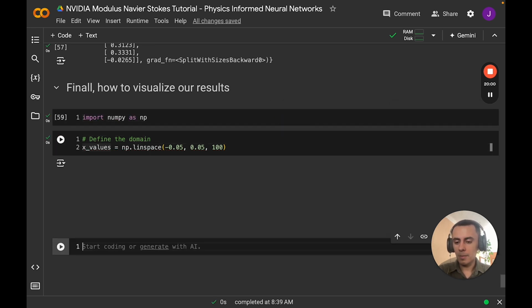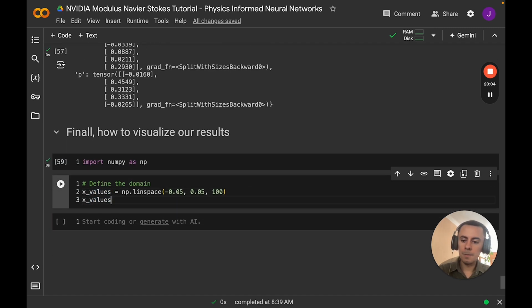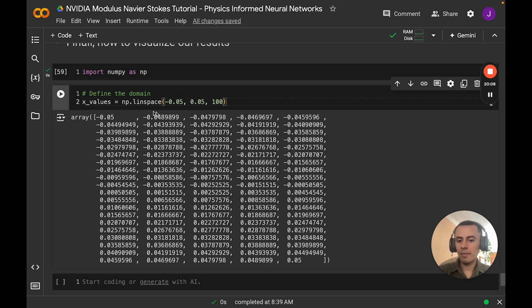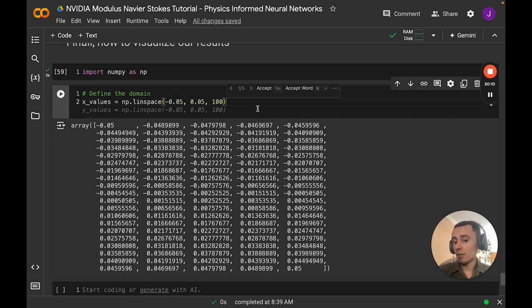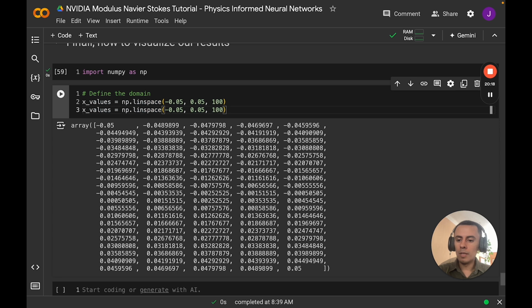We just import numpy. It's just an array of 100 values between minus 0.05 and 0.05. That's a lot of values for that small range. We do it for the y values, same thing.